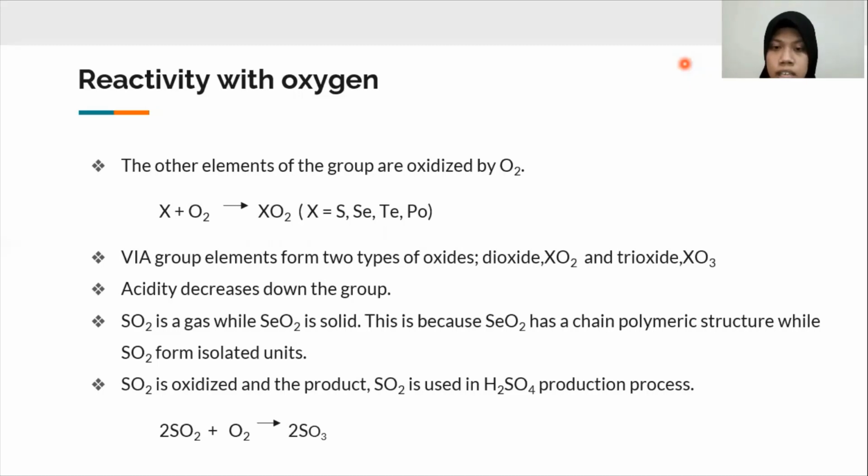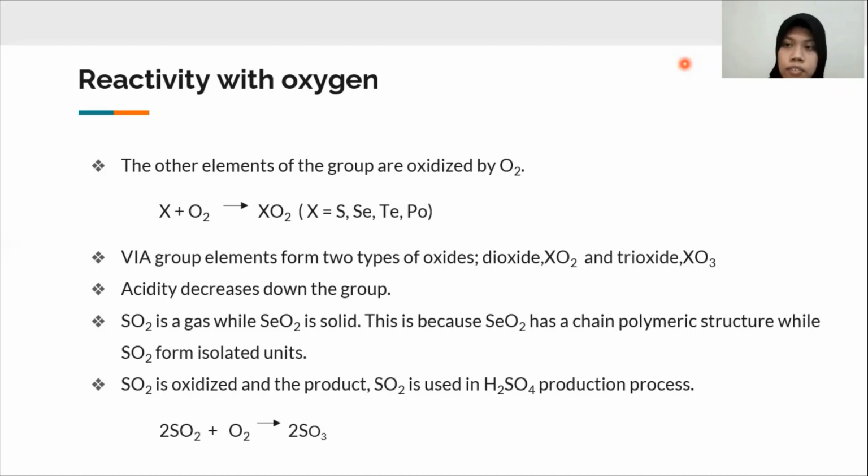This is because selenium oxide has a chain polymeric structure, while sulfur dioxide forms isolated units. Sulfur dioxide is produced in the production of sulfuric acid.